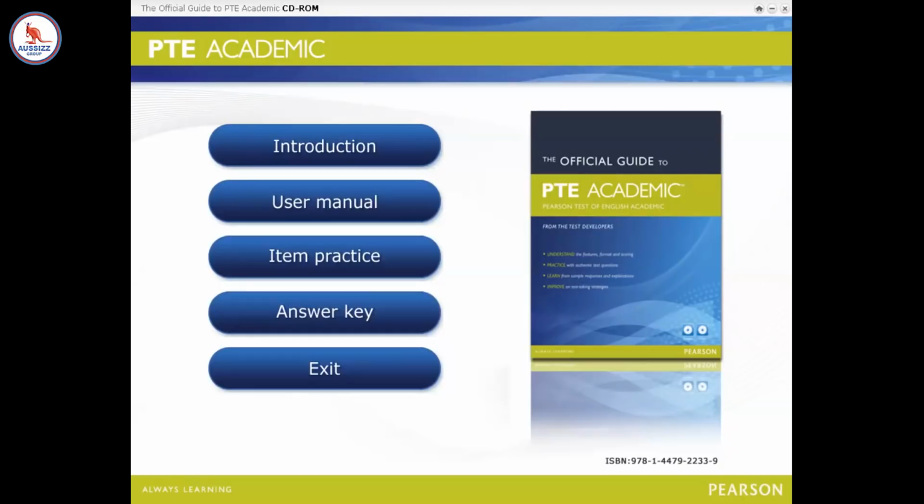Let me tell you, friends, my PTE speaking score has always been 90, with fluency 90 and pronunciation, I think, 84 or 86. I know a few tips, tricks, techniques, whatever you can call methods that can help you get a good score.